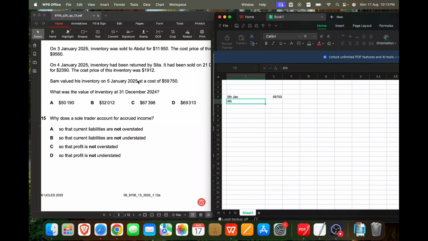Okay, now on 4th, I'm just going to reverse. Okay, on 4th there is a return, right? Now we don't know on 31st December that Sita would return this product. So after Sita returned this, I added to my closing inventory.